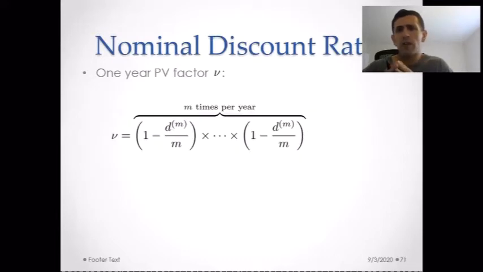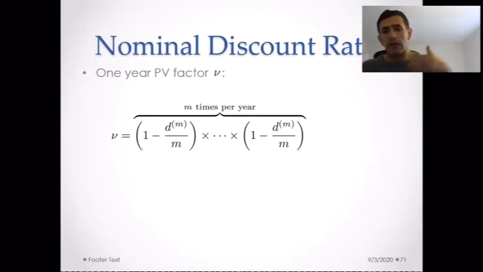So that means we can get the 1-year present value factor by compounding this m times, because 1 minus d superscript m over m is the present value factor for a time period of 1 over m years.